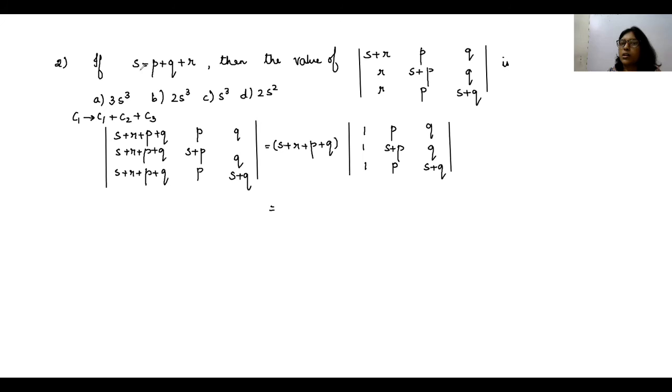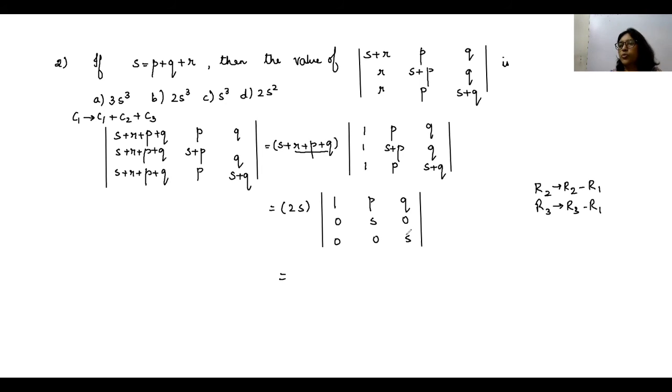P plus Q plus R is S. So this becomes S, and it is S plus S to S. Let's make this 0 by applying R2 changes to R2 minus R1 and R3 changes to R3 minus R1. And that's what we get after applying these operations. Now expanding along the first column, we have 1 into S, that is S square, and so it is 2S cube.